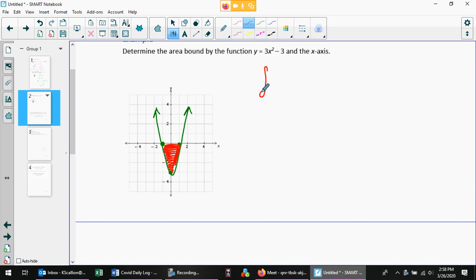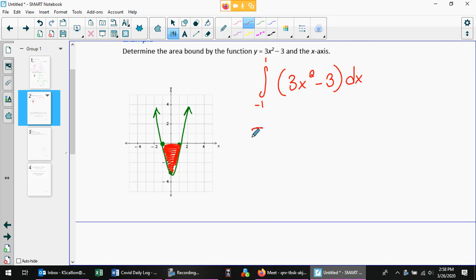So the integral of, now my boundaries, although they might not be obvious to you, are where that function hits the x-axis. It just so happens that it's nice at 1 and at -1, and it would be 3x squared minus 3 differentiated with respect to x.